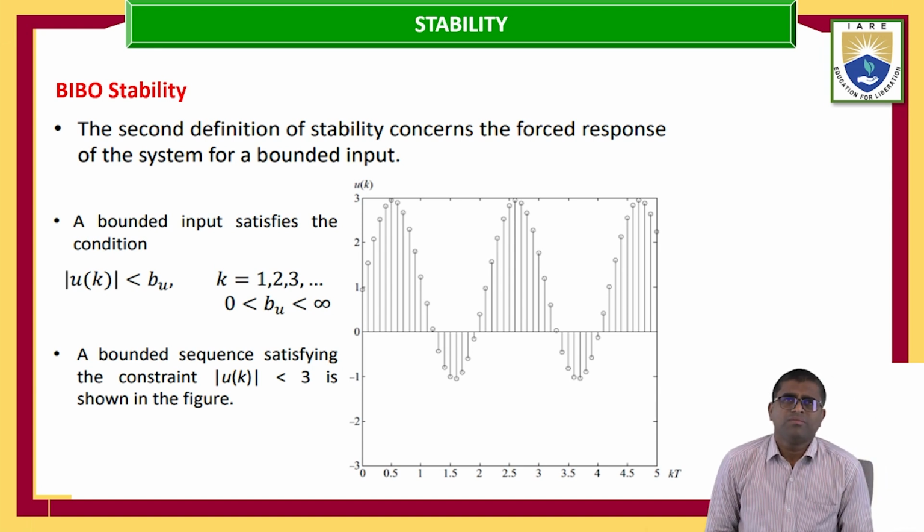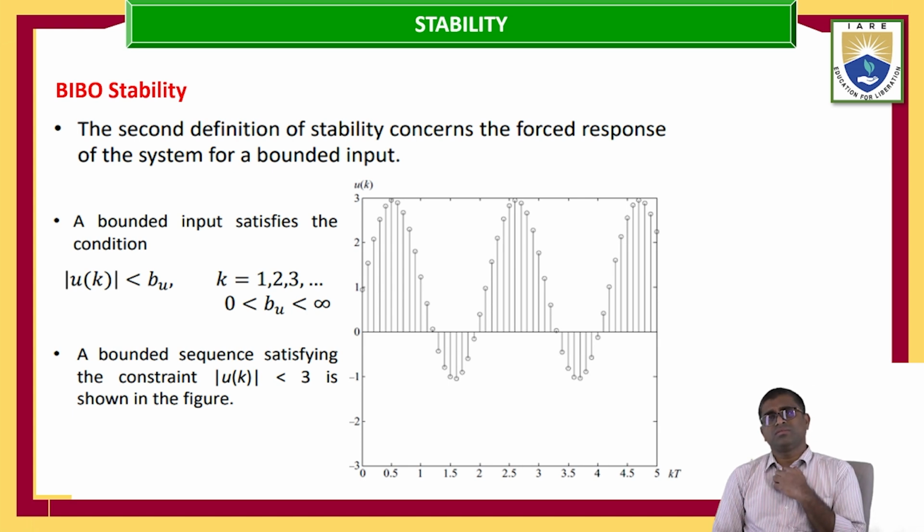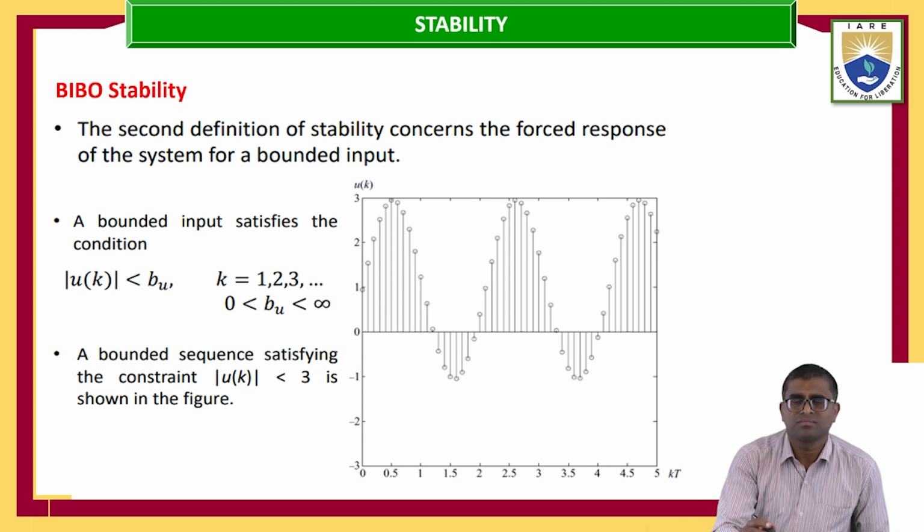So we take a bounded input satisfying the condition that the magnitude of u of k is less than b, where k ranges from 0 to infinity. For a bounded input, we have the condition that u of k is less than 1.